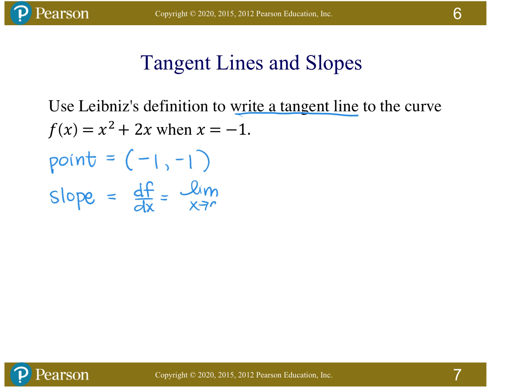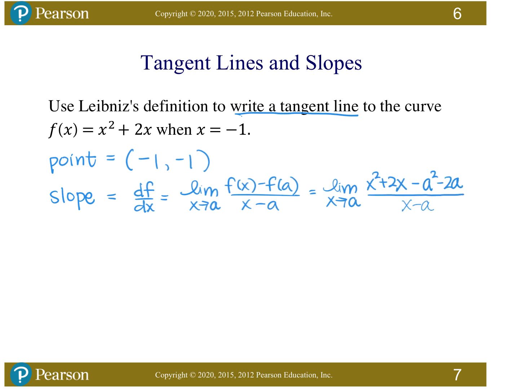We'll have the limit as x approaches a of f of x minus f of a over x minus a, and we're going to work this out. f of x is x squared plus 2x, minus f of a is minus a squared minus 2a.